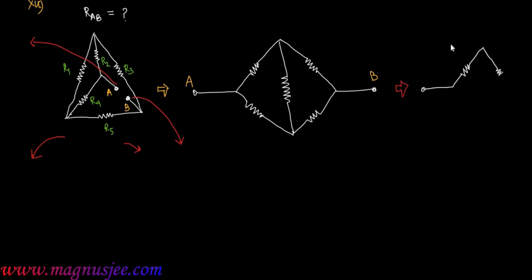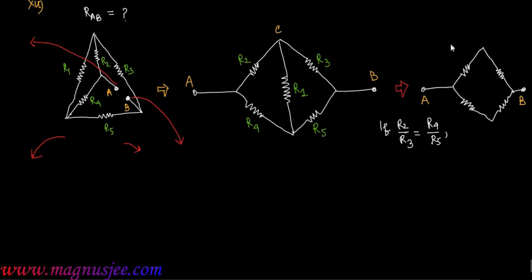The modified circuit diagram will be like this. R1 is the middle resistance, R2 and R3 are the resistances above R1, and R4, R5 are the resistances below the middle resistance R1.